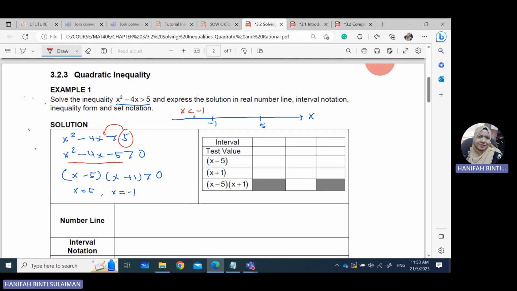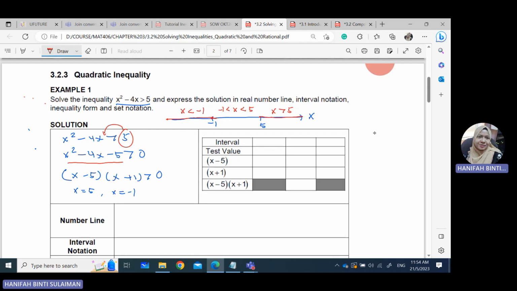In the middle, x is greater than negative 1 and less than 5. And for this area, x is greater than 5. So di tengah-tengah ni adalah antara negative 1 dan 5, dan di sebelah sana x greater than 5.